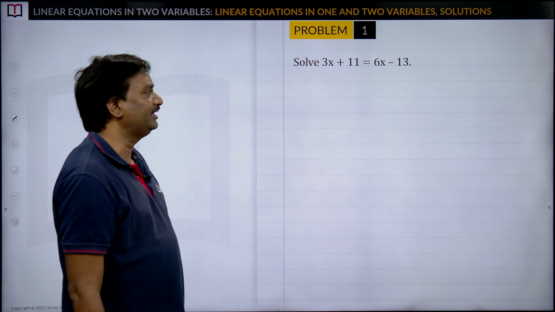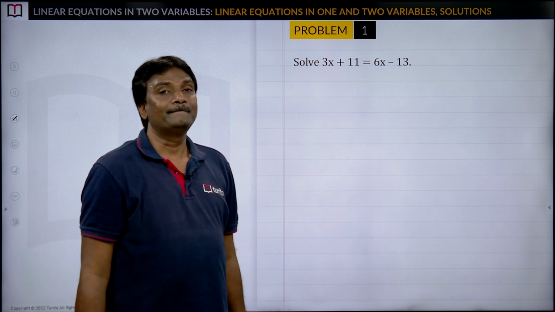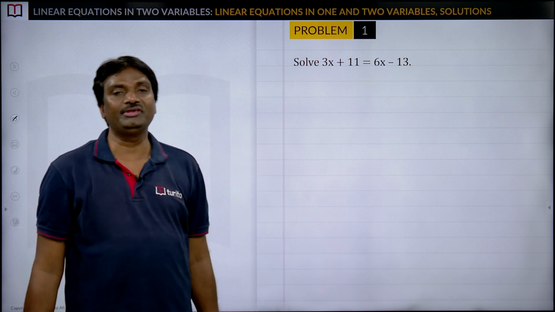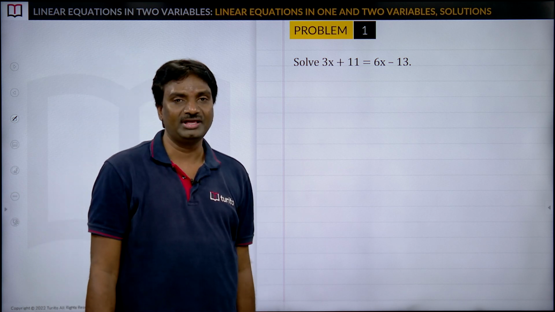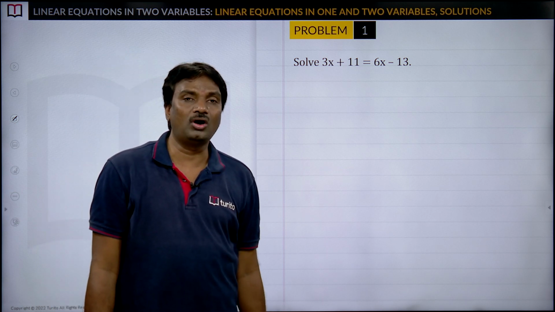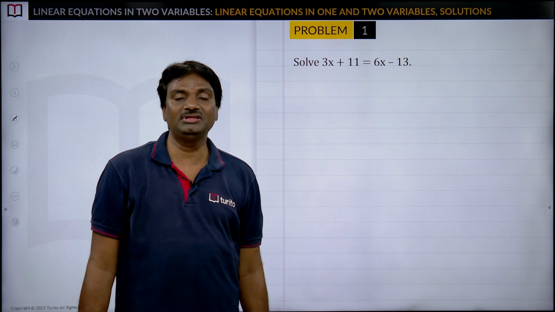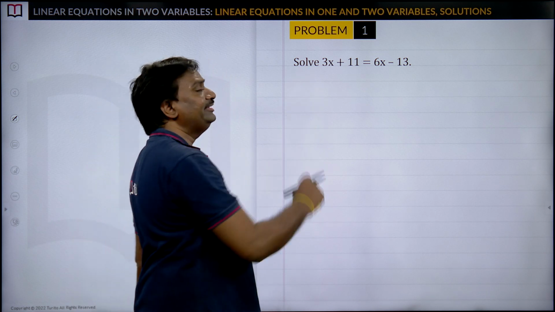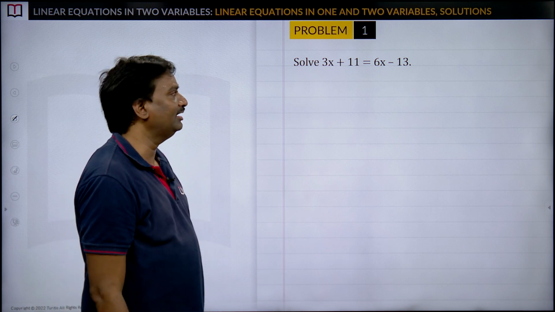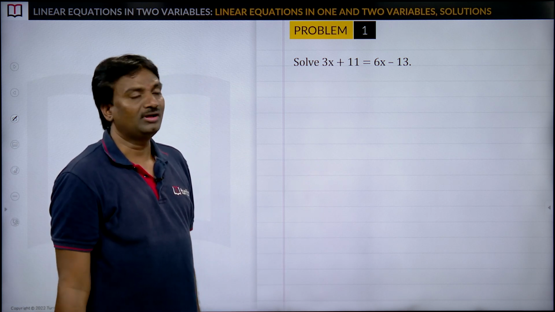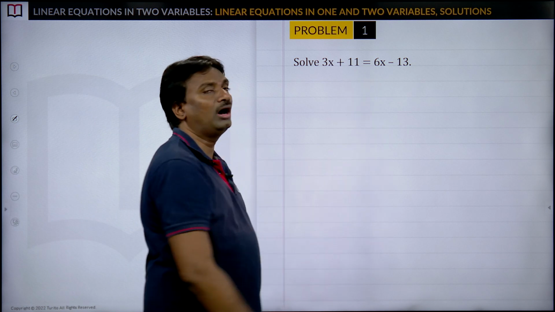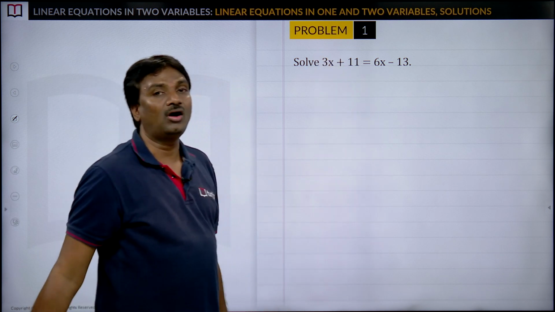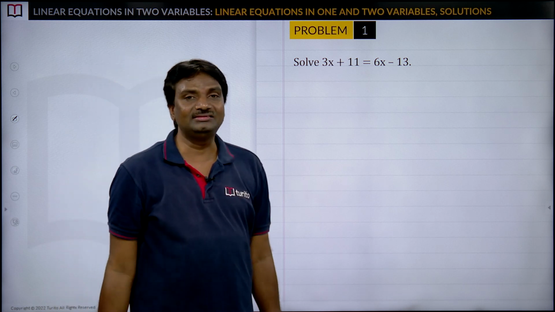By observing this equation, if you remember, in 8th standard we discussed linear equations having variables and constants on both sides. By observing the LHS, 3x plus 11, x is the variable, and 3 and 11 are constants. By observing the RHS, 6x minus 13, where 6 and minus 13 are the constants and x is a variable.